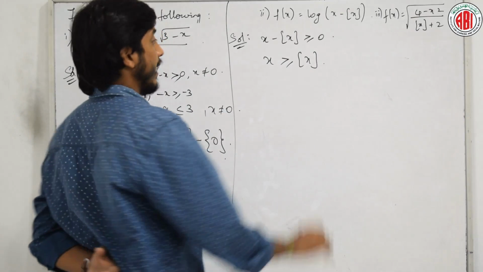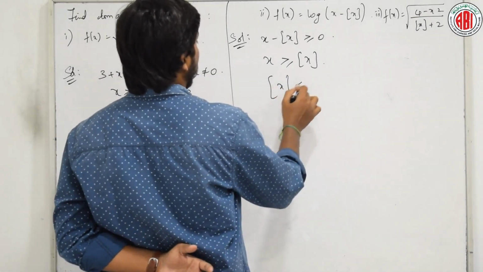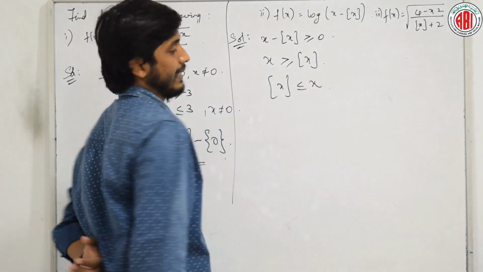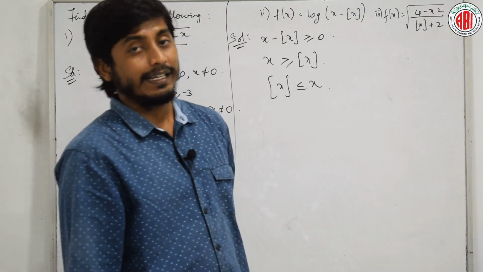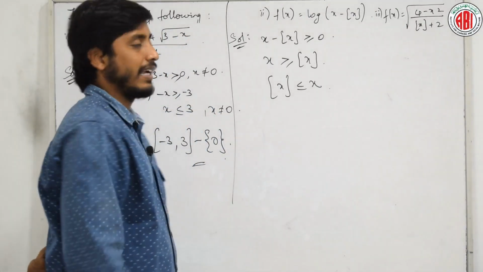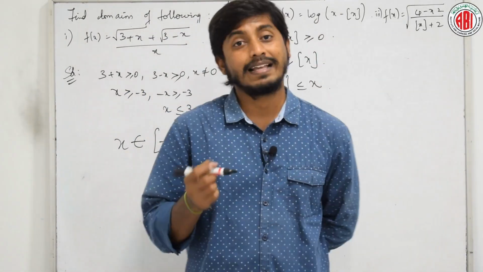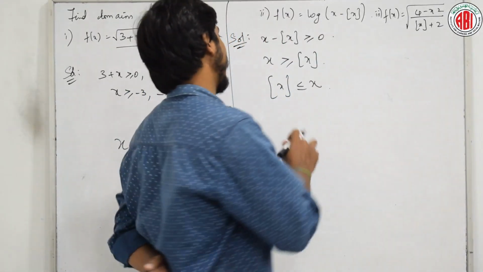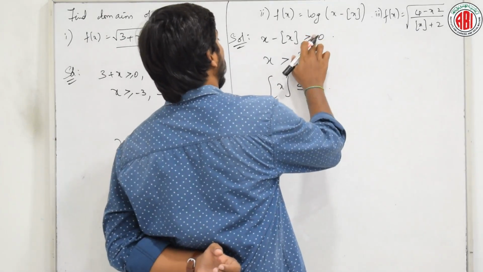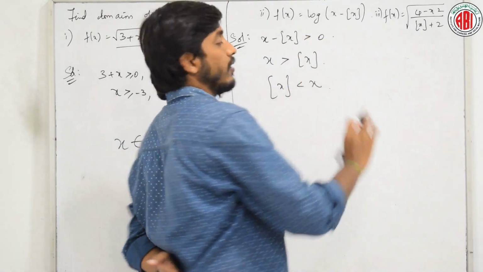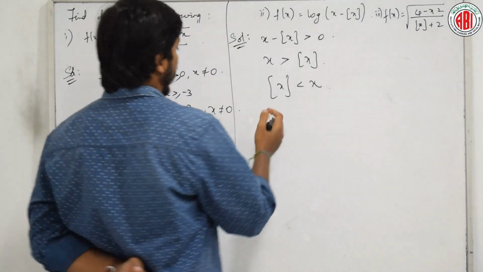Isn't it? Then I can directly say box x is less than or equal to x. Right? What is the condition? Whatever the value it is, box x will always be less than or equal to x.